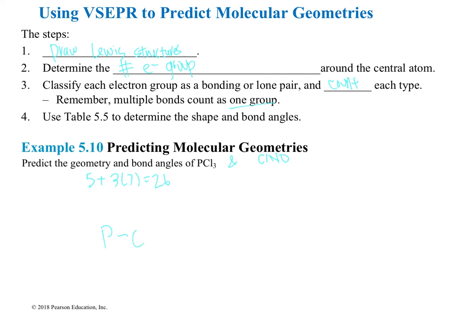So phosphorus and then chlorines. 2, 4, 6, 8, 10, 12, 14, 16, 18, 20, 22, 24, 26. Everybody has an octet. So we have 1, 2, 3, 4 electron groups. So that's going to be tetrahedral electronic geometry.